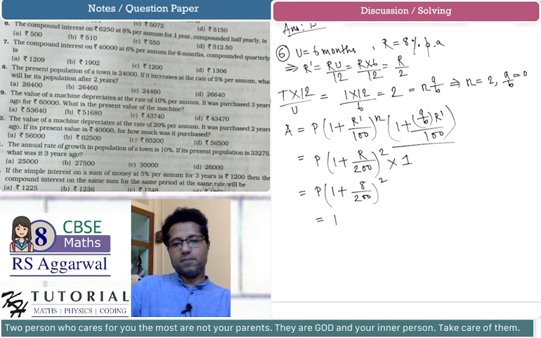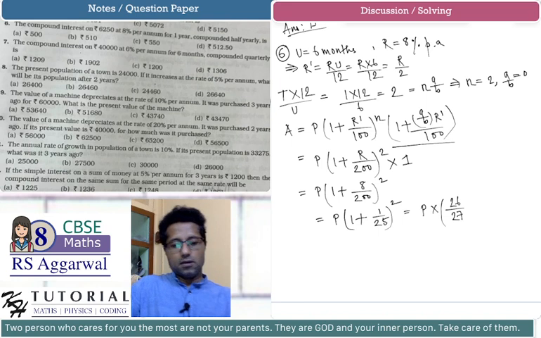This is equal to P, 8 by 200 is 2 by 50 basically, so this is 1 by 25 squared, which is equal to P multiplied by 26 by 25 squared.